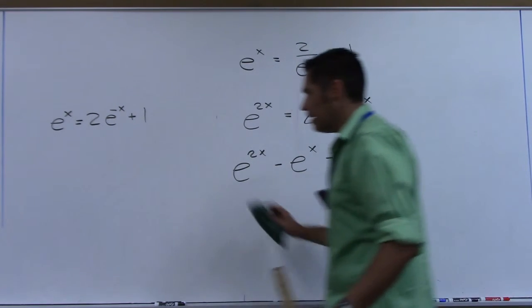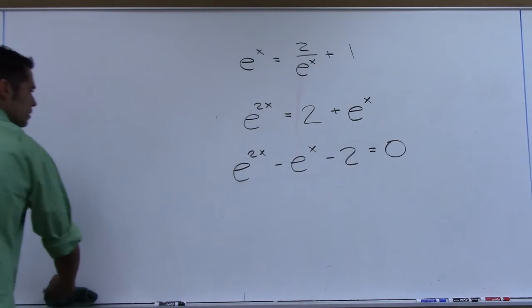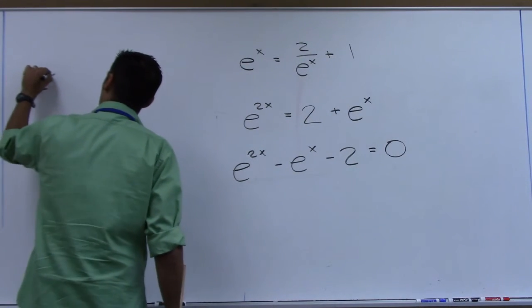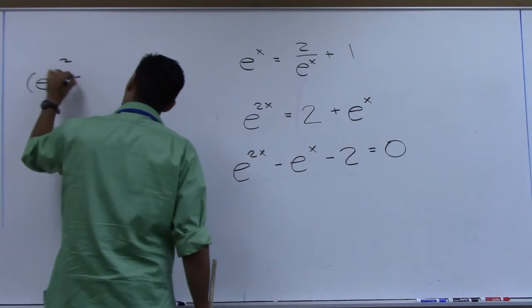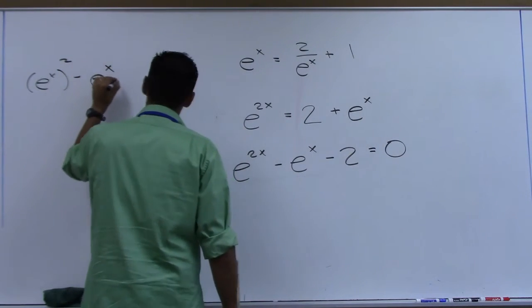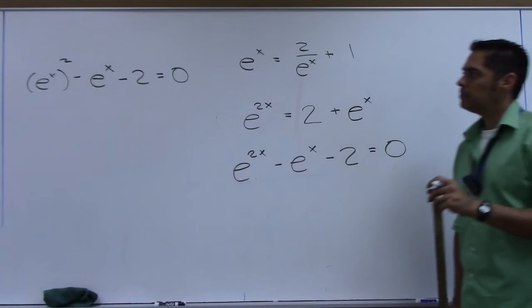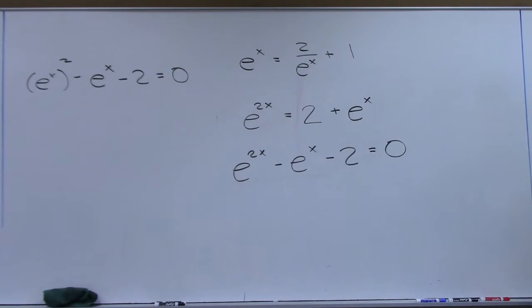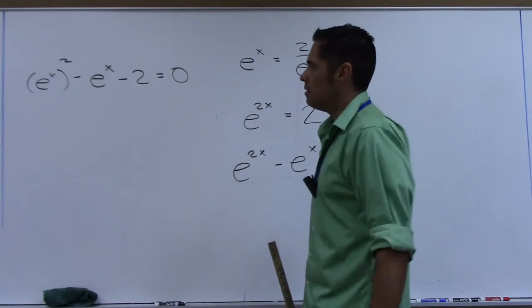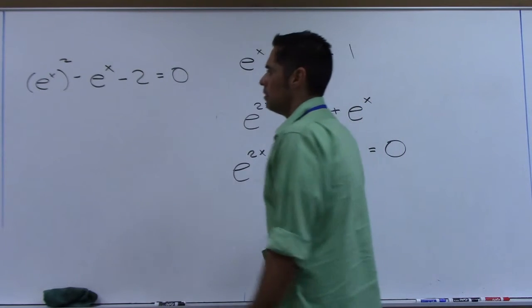which is really e to the x squared minus e to the x minus 2 equals 0. So this is a quadratic form equation. Does it factor?